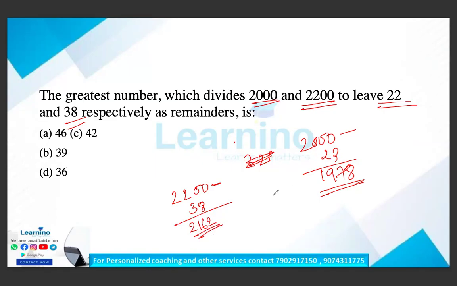So taking the HCF of these two numbers, 2162 and 1978, by the division method, divide 2162 by 1978.